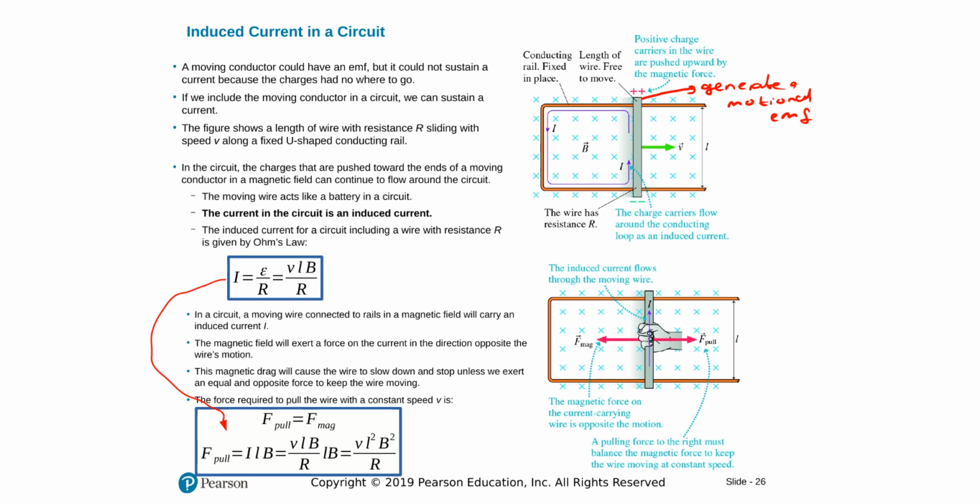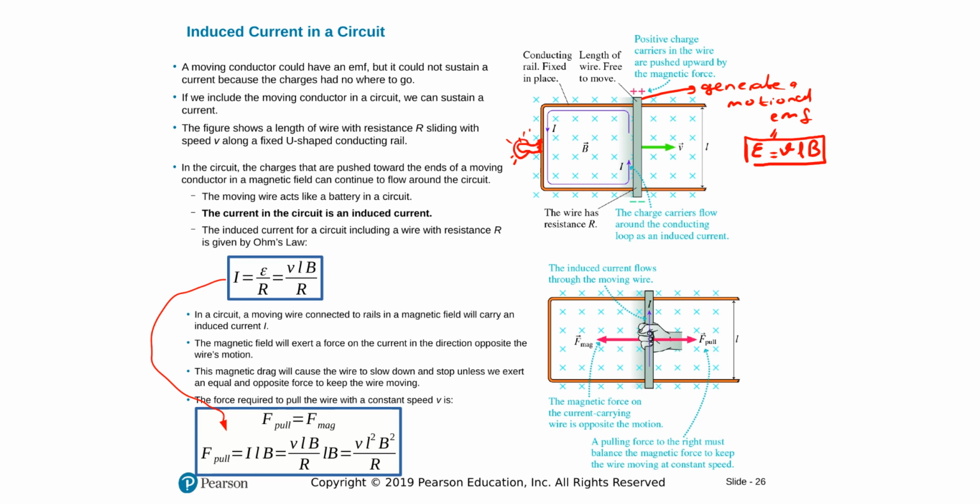I can actually calculate that current, if I know the motional EMF, which we can calculate using vLB, right? We talked about that. And if I know the resistance, let's say I put a light bulb here and it has an internal resistance, I want to calculate how much current is passing through this light bulb.